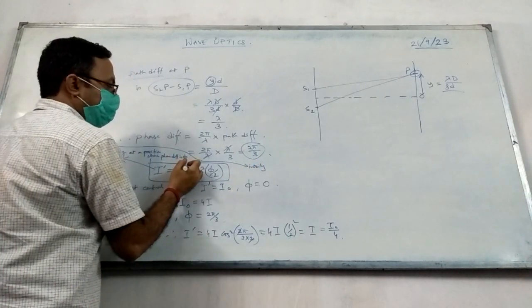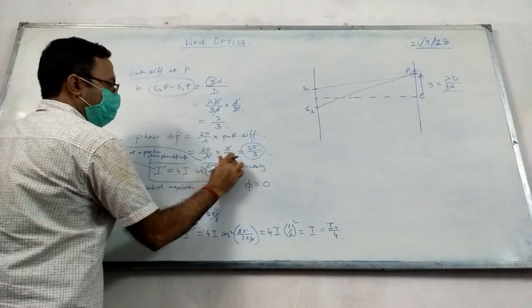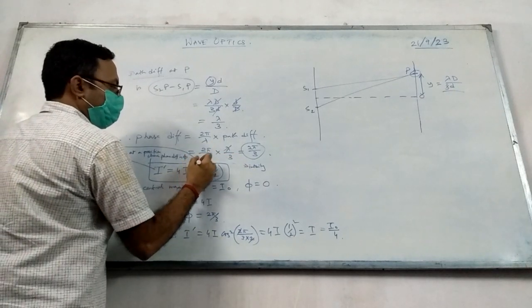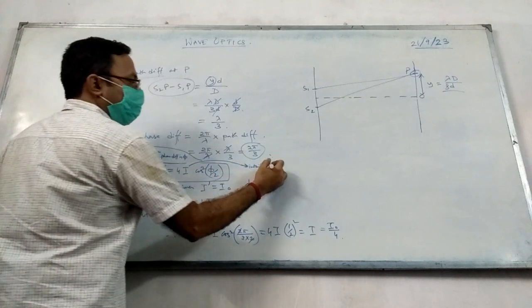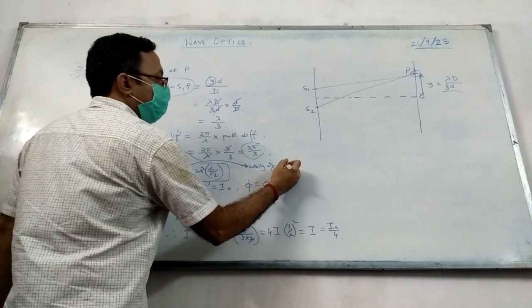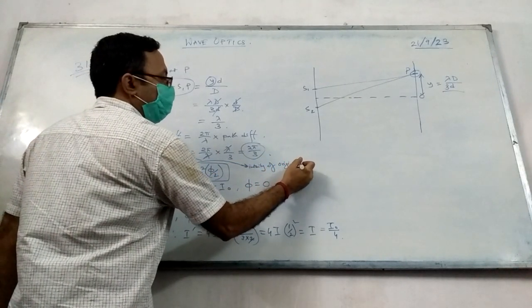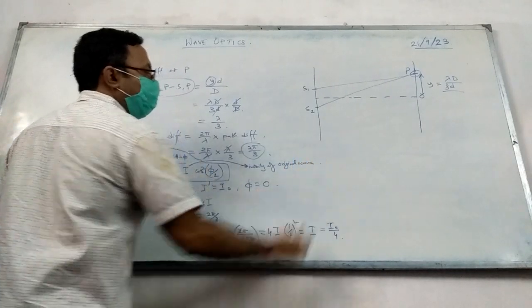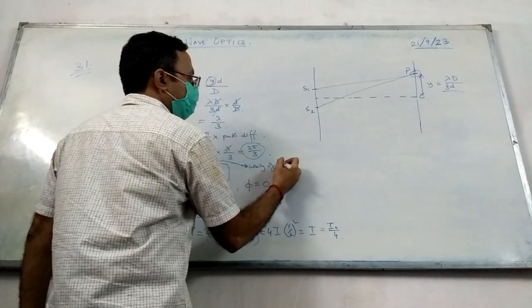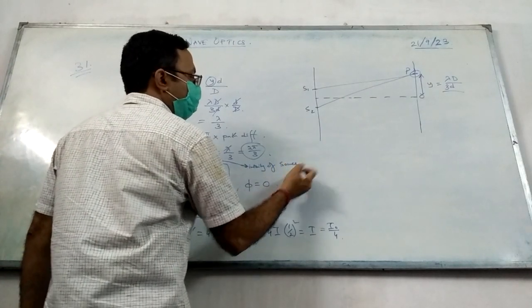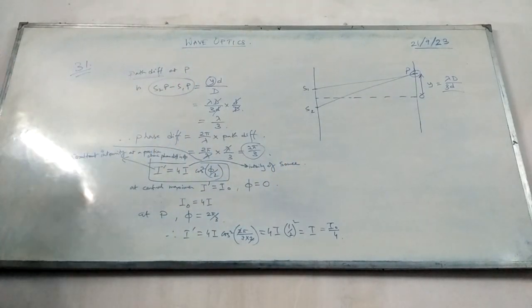Intensity I, this I, okay? Don't make confusion. I is the intensity of the original wave, that is the source. Writing intensity of source will also work. I is the intensity of the source. Is that clear?